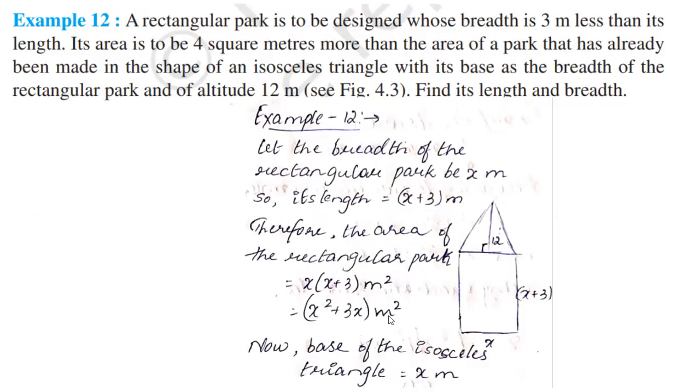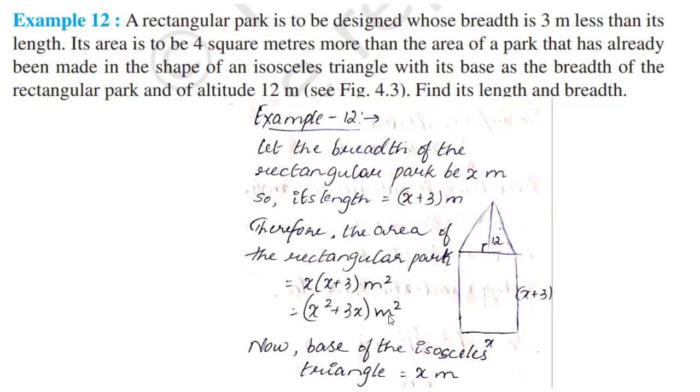Its area is to be 4 square meters more than the area of the park that has already been made in the shape of an isosceles triangle, with its base as the breadth of the rectangular park and of altitude 12 meters. Find the length and breadth.